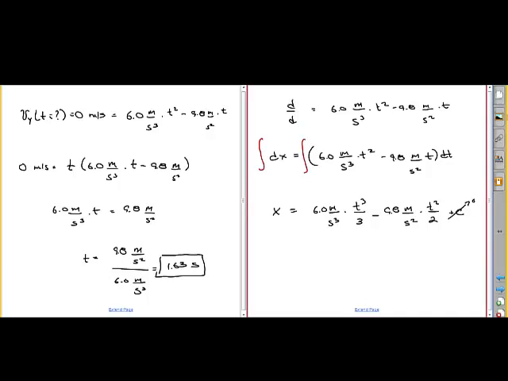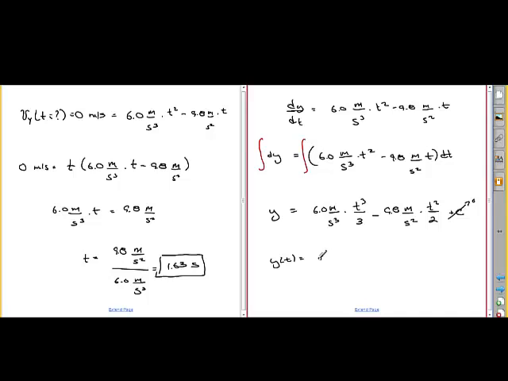So let's do that. dy dt. Since this thing's a vertical thing, so we'll say y. So y is that, but at t equals 0, y equals 0, so that goes to 0. So our particular solution is this.